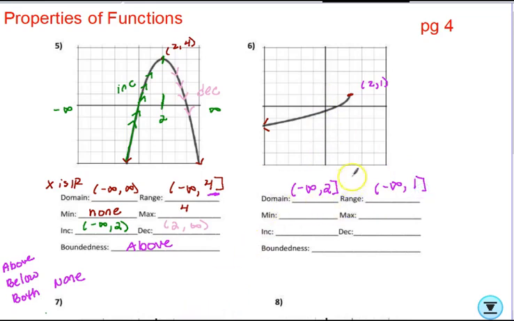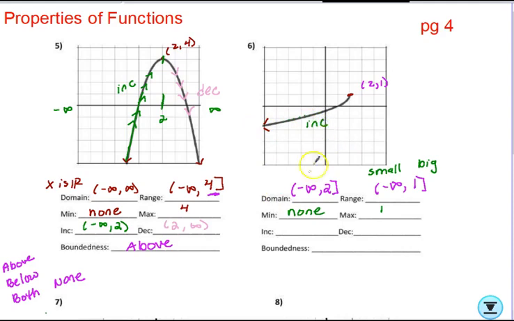When you write your intervals, you have to go from small number to larger number. It has to be in numerical order of a number line. You have to go from small to big. Minimum, there is none. The maximum point, this y value is 1. As I walk on my graph left to right, this entire function is increasing.